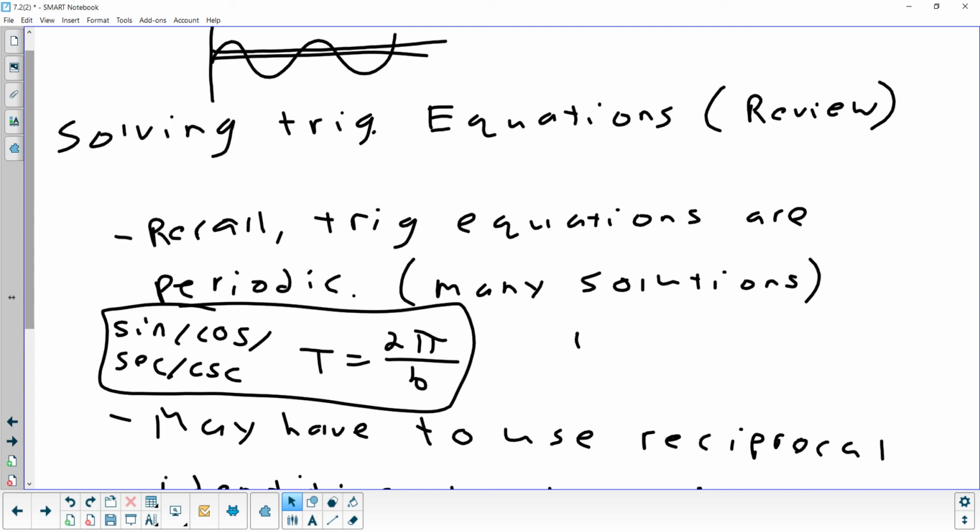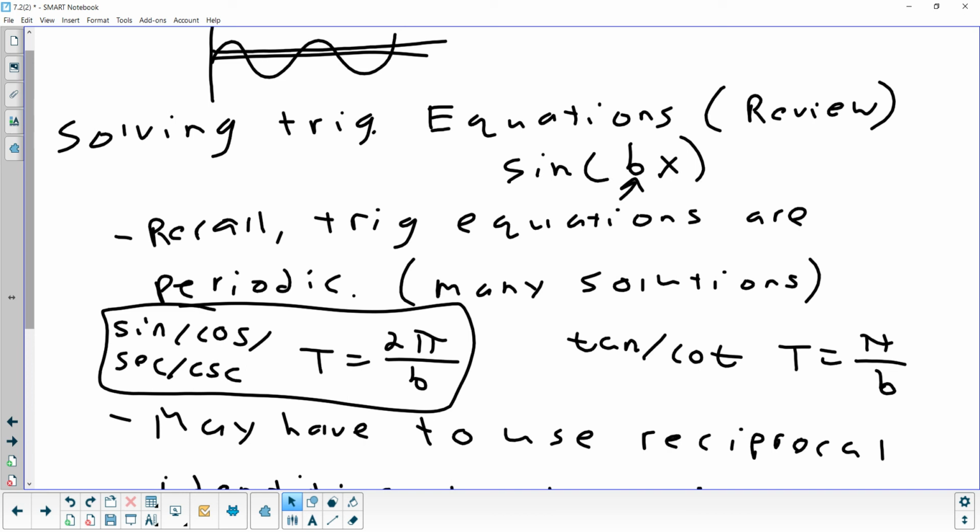For tangent and cotangent, anybody remember what the formula is to find the cycle length? Yep, pi over b. And remember, b is the number in front of x.